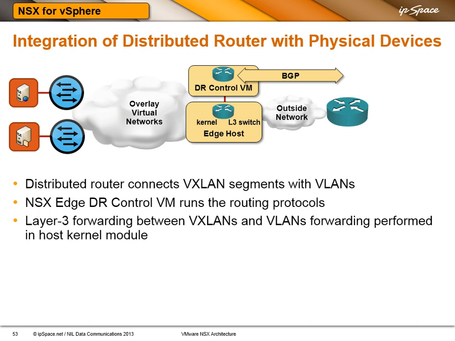You can still do that with the distributed router control VM, which would run, for example, in my case, BGP with the outside world, and then the kernel module on the host on which the active control VM sits, so the same rules as for the Layer 2 gateway, would perform Layer 3 forwarding between VXLANs and the outside world.